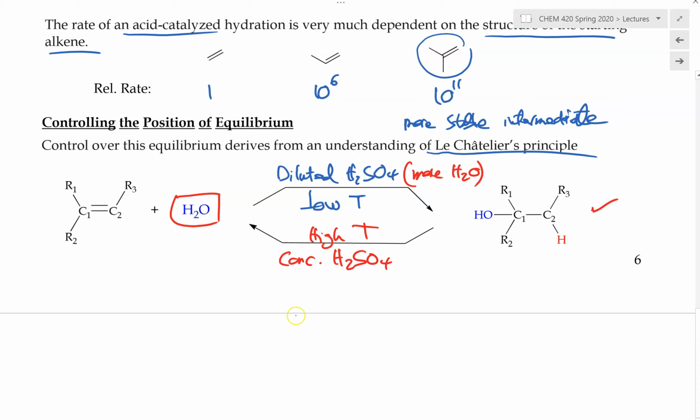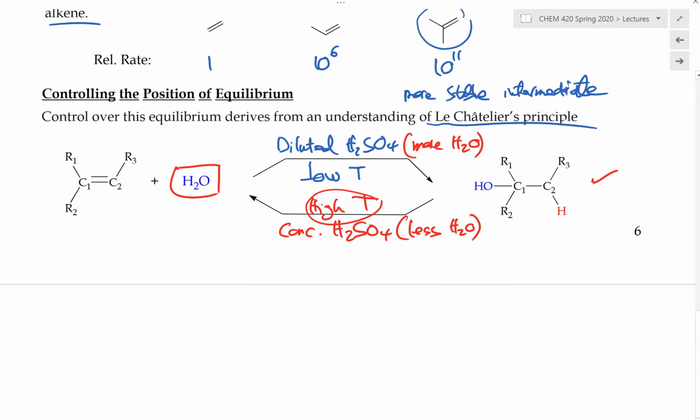The opposite is true if we use concentrated sulfuric acid. This means less water is present, and therefore it favors the elimination side. And again, we also need to do this at high temperature. So by controlling the concentration of the acid and the temperature, we will be able to favor whichever direction we want, whether we want to do addition or elimination.